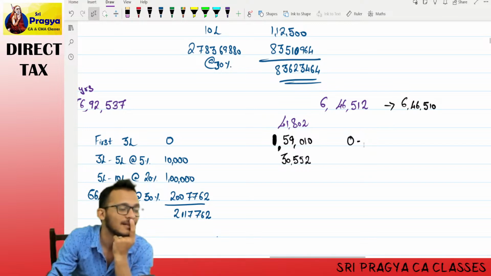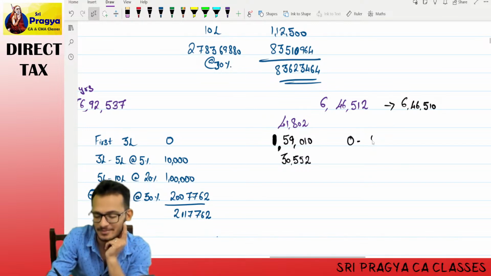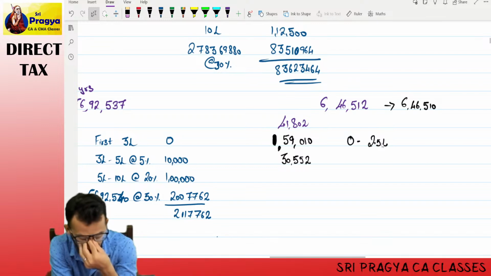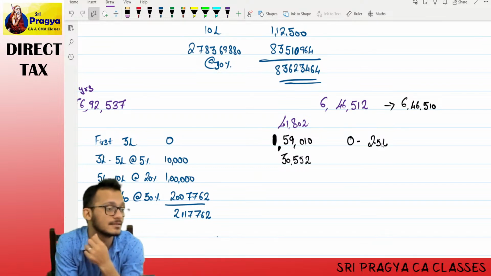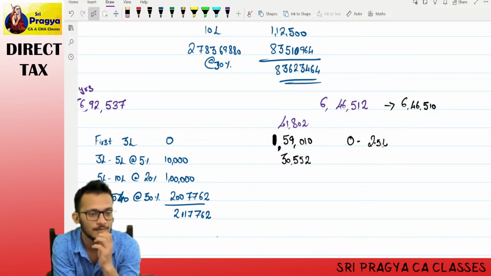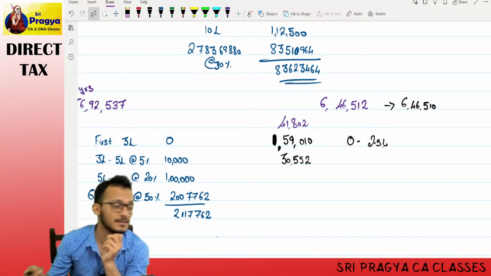Very good. Understand, even though your age is 80 years, born on 1st April 1944, your slab moves to 2.5 lakhs.